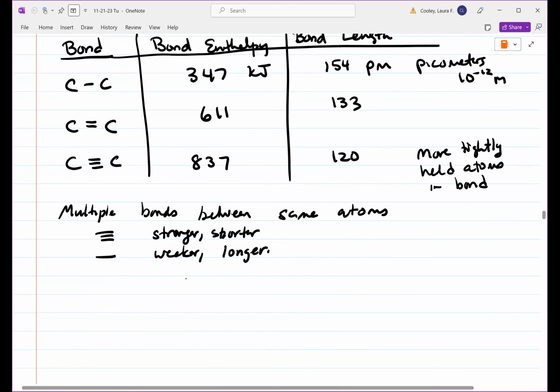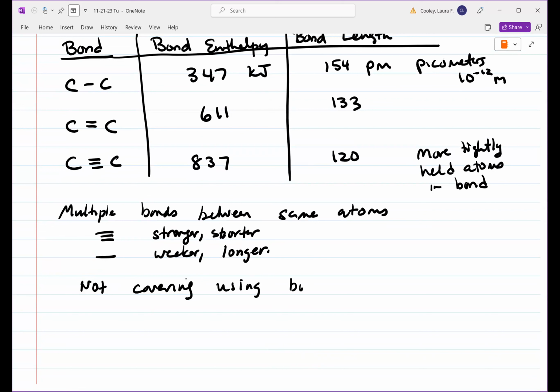So no bond enthalpy. We're not going to cover using bond enthalpies to calculate delta H's for reactions. You can learn that in P-Chem when you take it as a chemistry major in a couple of years.